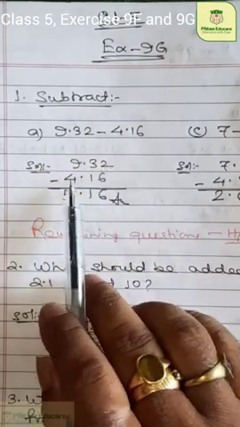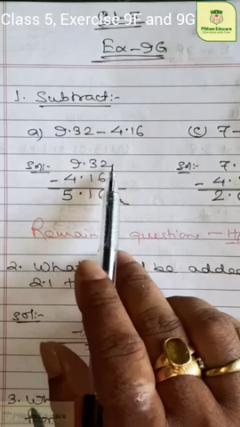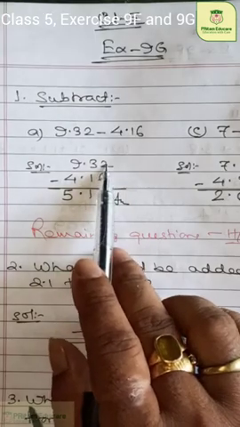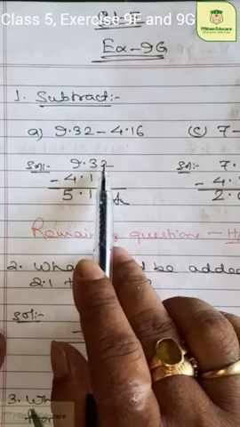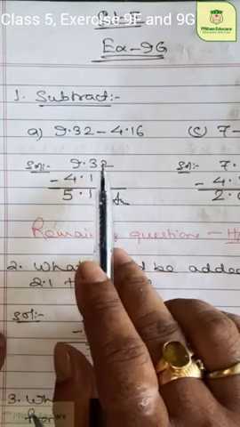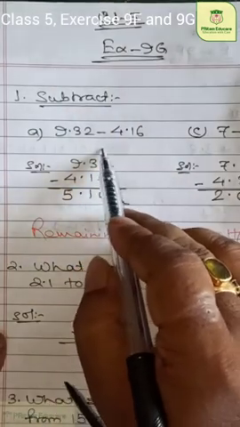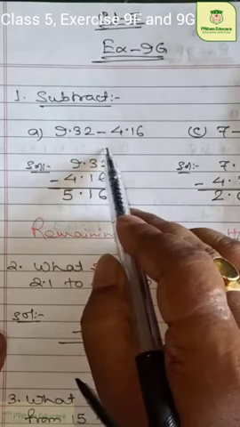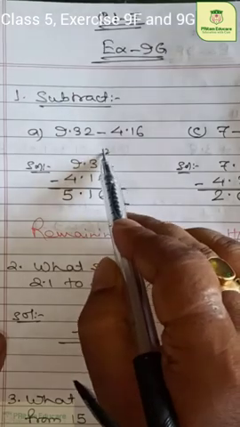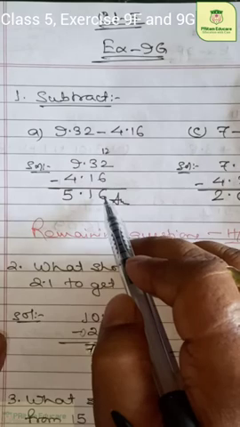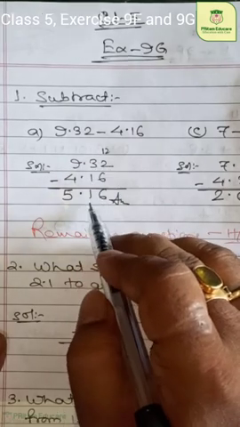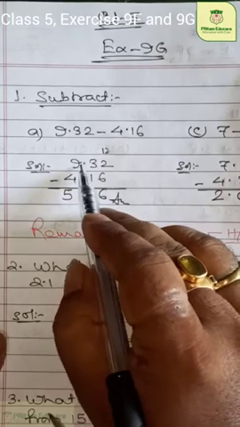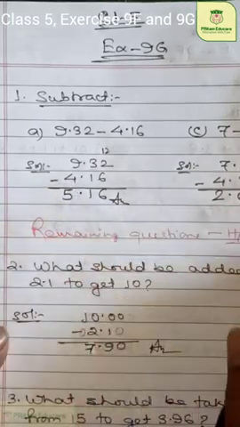Naturally, if the number in the upper is smaller, we have to take it as tens, correct? So this 2 will be taken as 12. So 12 minus 6 is 6. 1 carry, 1 plus 1 is 2, 3 minus 2 is 1. 9 minus 4 is 5.